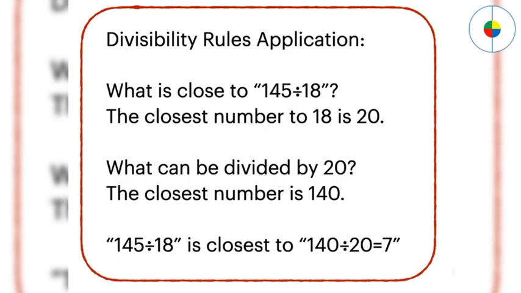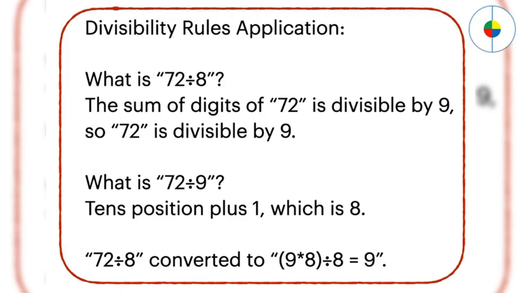Divisible by 7: 659 over 68 can be converted to 630 over 70. Divisible by 9: 733 over 88 can be converted to 720 over 90. The divisibility rules for 2, 3, 5, 7, 9 are very important. You can use those rules alone to calculate any divisions in the division chart. For example, 72 over 8 can be converted to 9 times 8 over 8 equals 9.